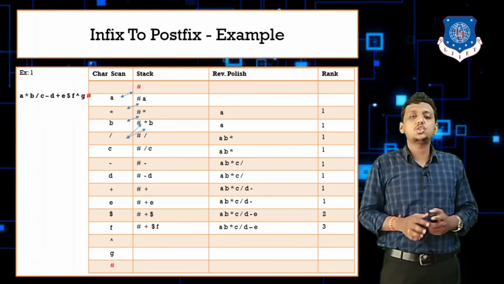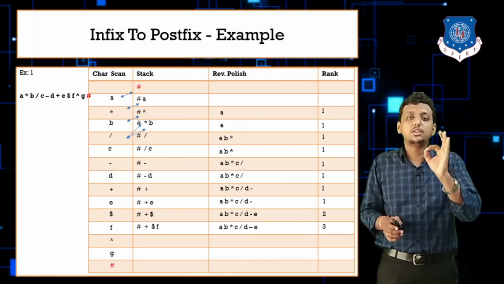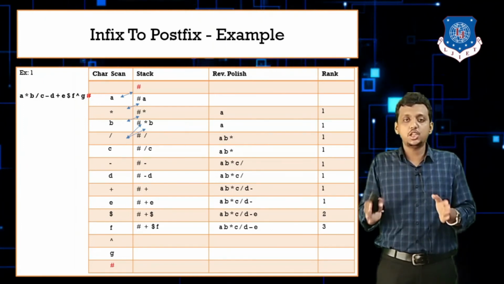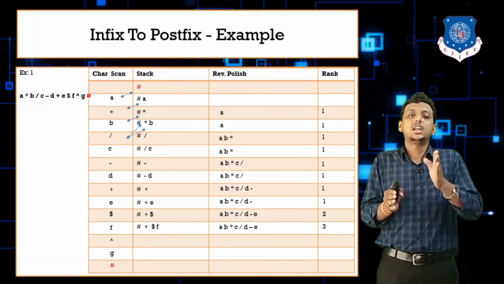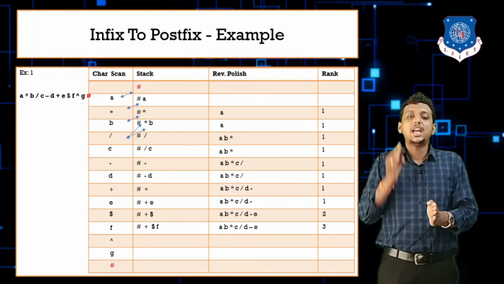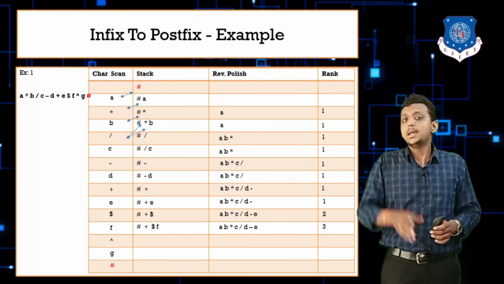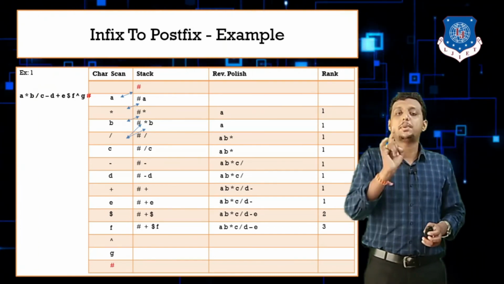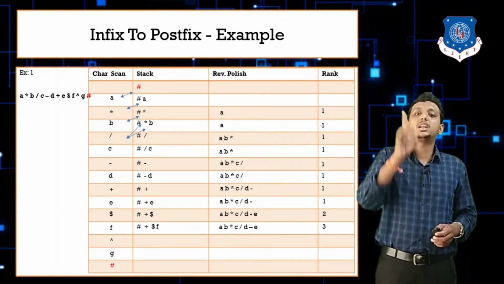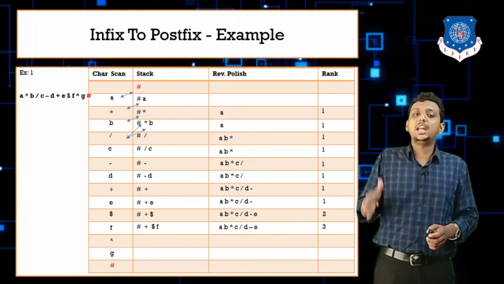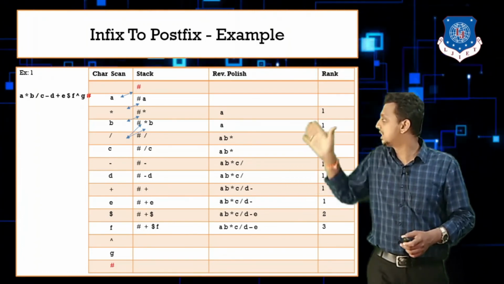Now you just need to check your points to remember, that whenever you find two different exponential operators coming together in the character scan column as well as in the stack, then perform the push operation. Why? I already told you that the precedence of the exponential operator becomes lesser when it is inside the stack.